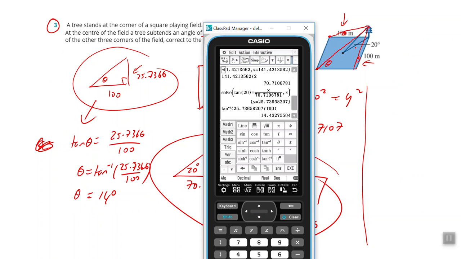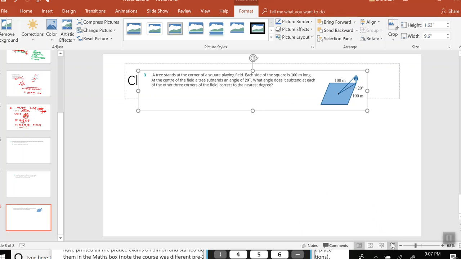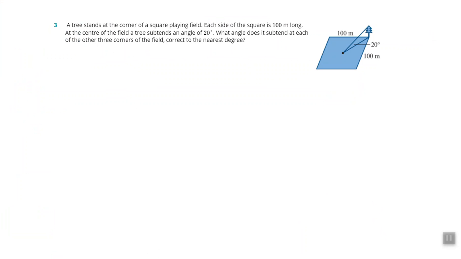So go back to our answer. y was 141.4214, and we are calculating the angle, I'll call that beta, to the farthest edge. So if I draw a triangle, what's the angle to the farthest edge?